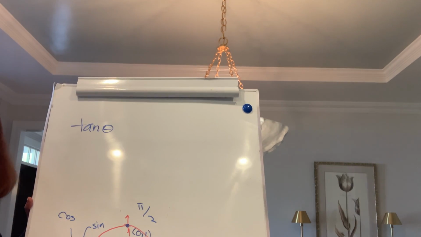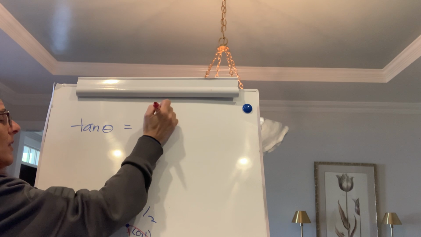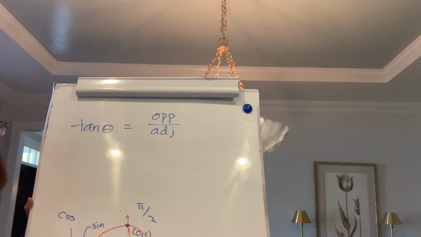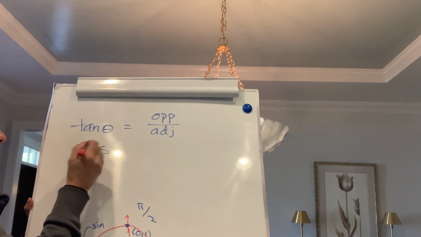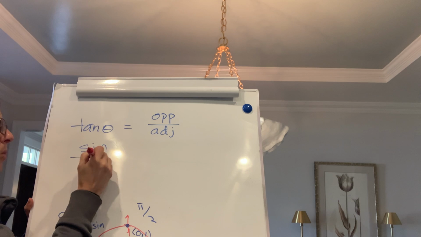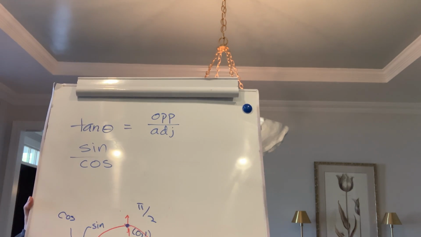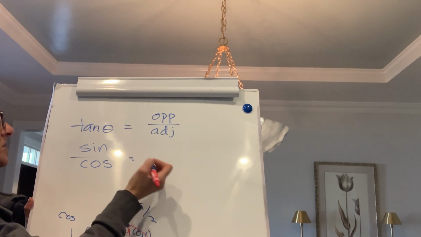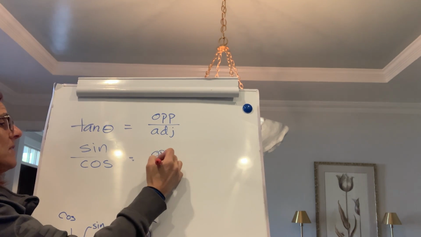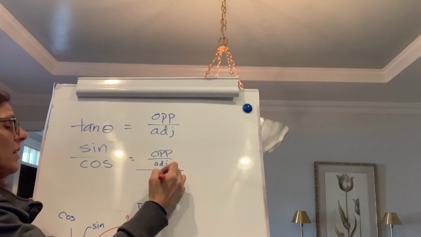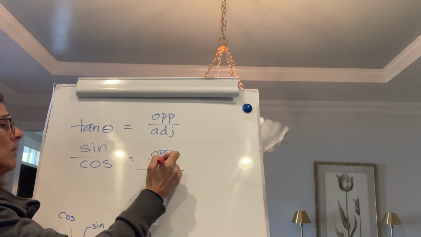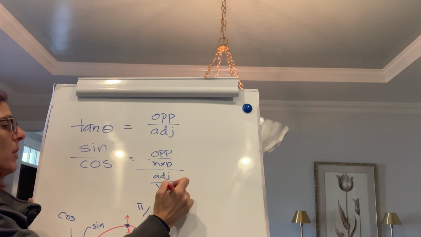All right, if you look up here for a minute, I'm going to show you that. We define tangent as being the opposite side over the adjacent side, correct? What would we get if we do sine over cosine? We get opposite over hypotenuse and adjacent over hypotenuse.